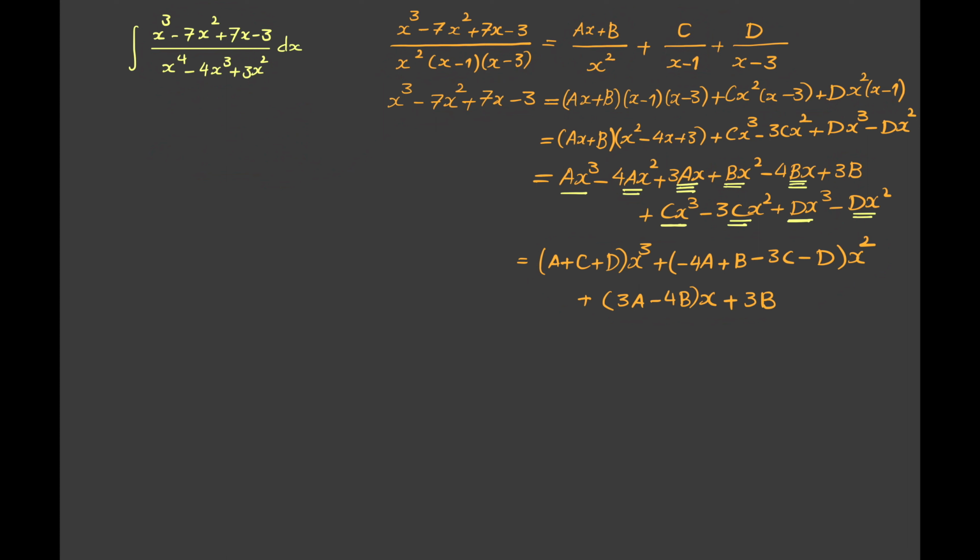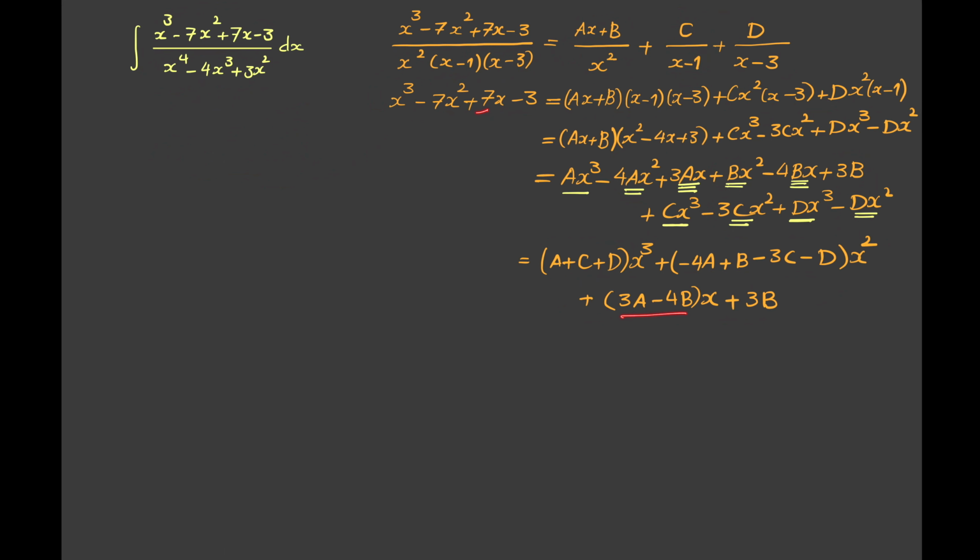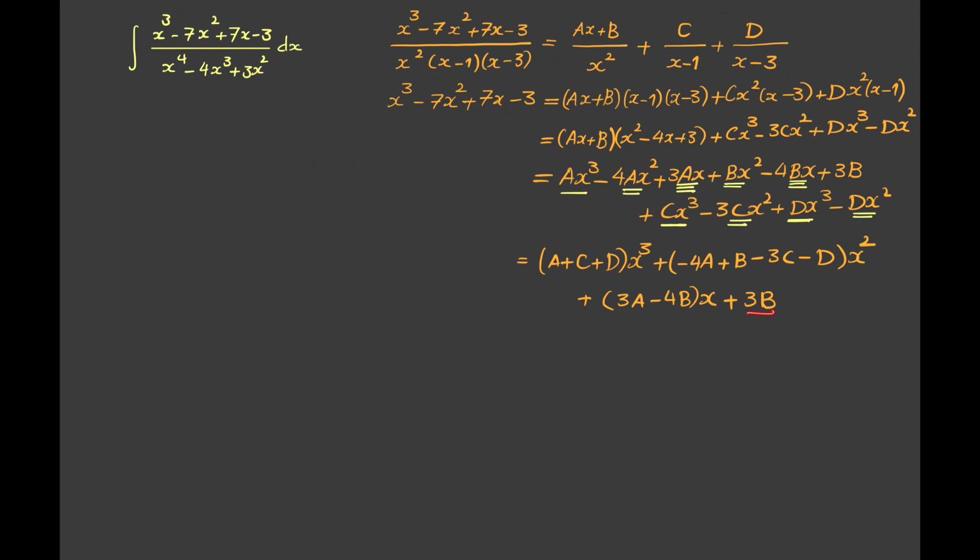So I reach a system. For example, this one, which is the coefficient of the cubic term, should match with 1, which is the coefficient of the cubic term on the left. And this one should be minus 7, this one should be 7, and this constant term should be minus 3. So I am lucky that I can start solving the equation using that.